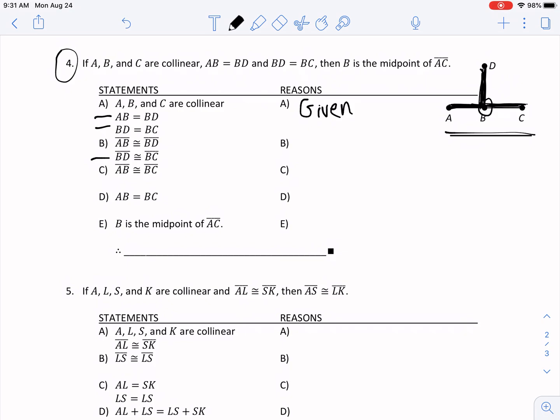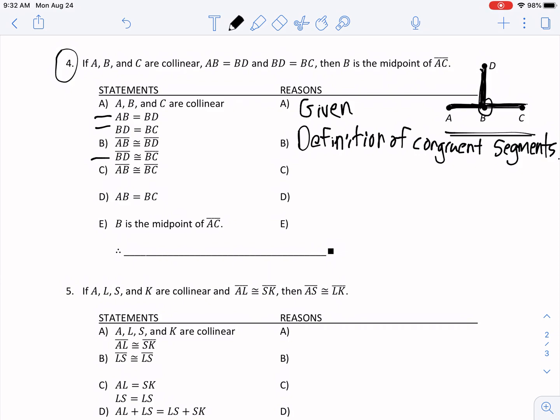So our reason here would be the definition of congruent segments.